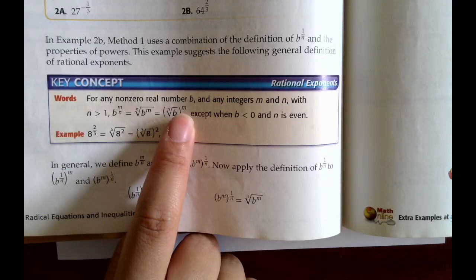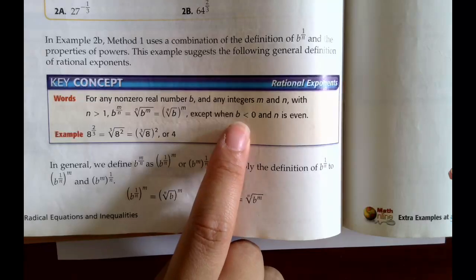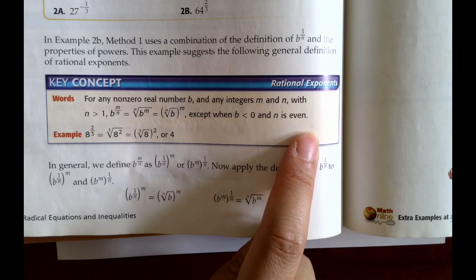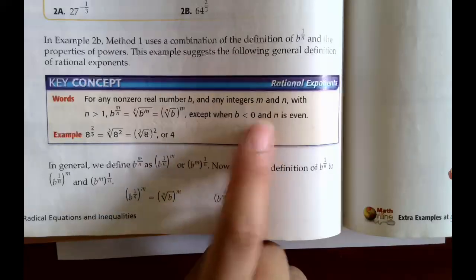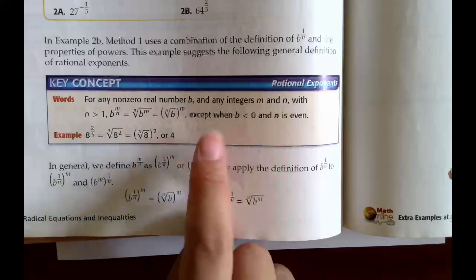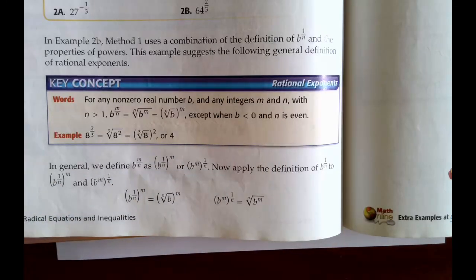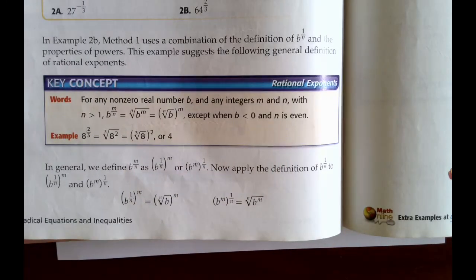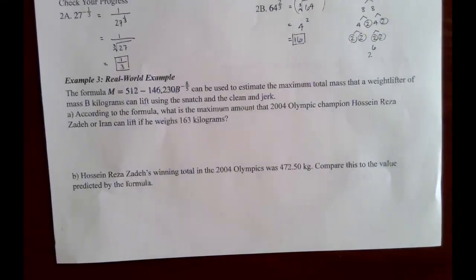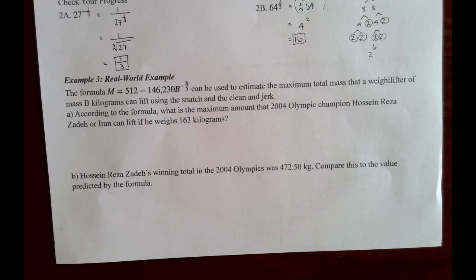Except for when b is negative and n is even, that changes things. There are exceptions to this, because it could potentially be imaginary. That's why. Now we're going to move on to example 3, our real world problem.